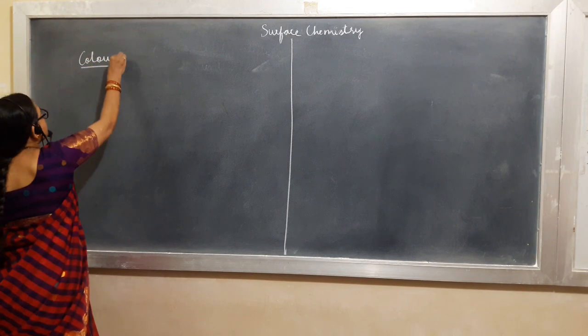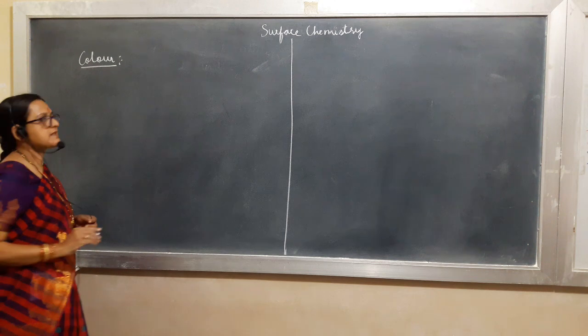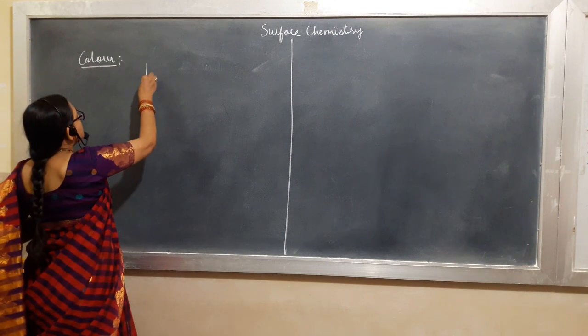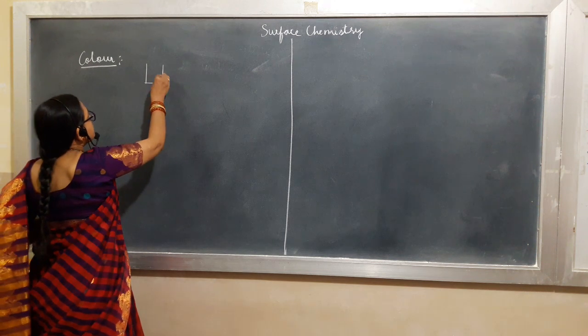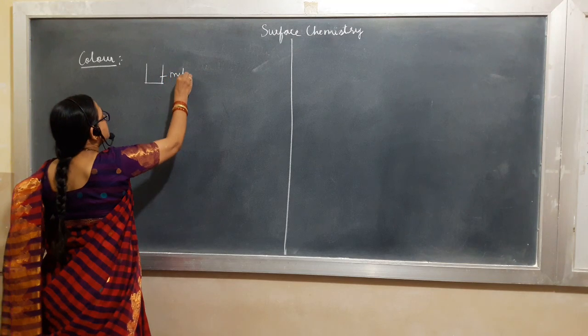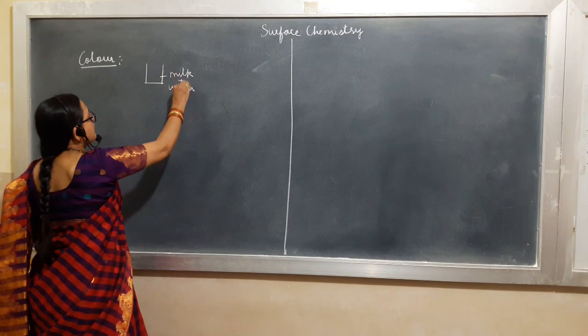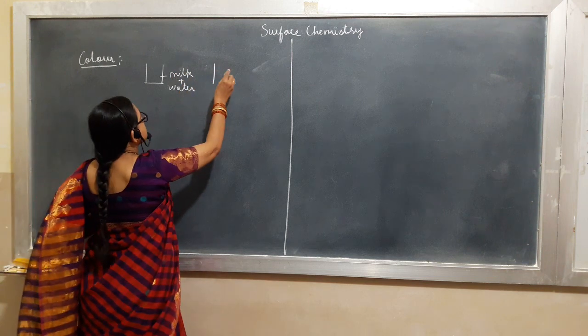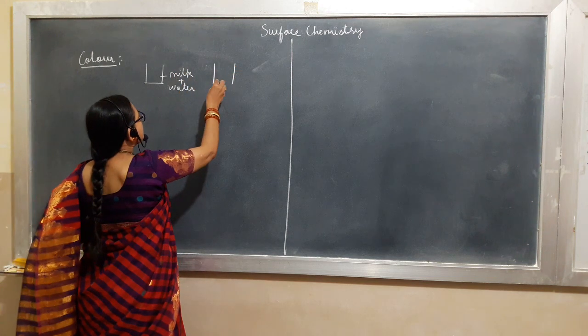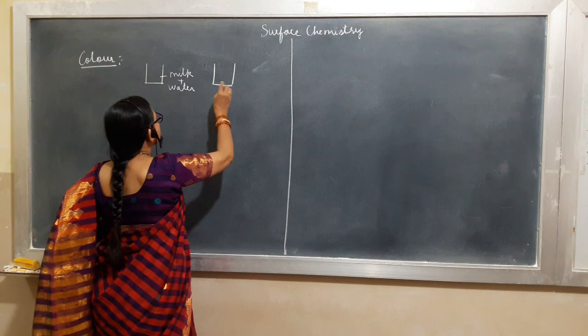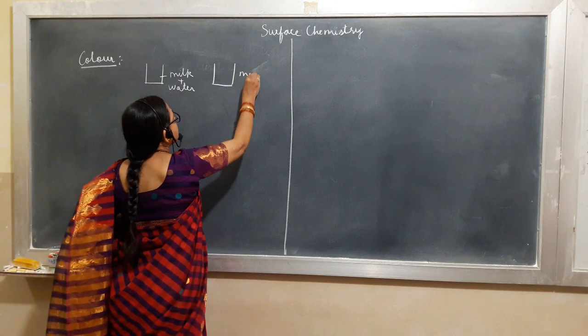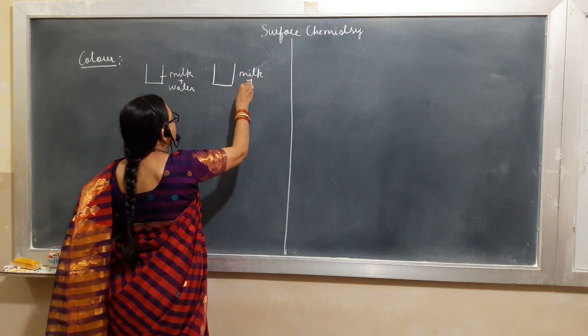To observe this coloring property of colloidal particles, let us illustrate. We will take one container. In this container, we will add milk and water. Same container we shall take here, milk and water again.